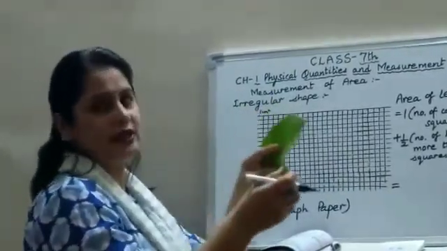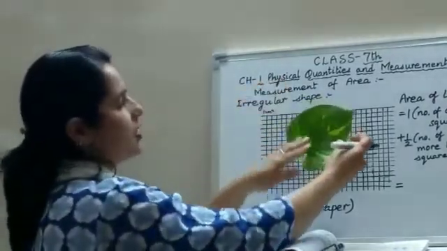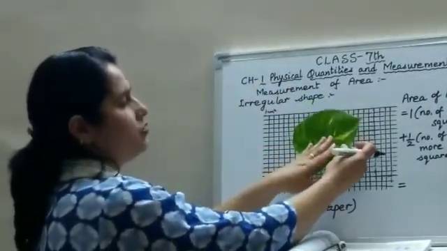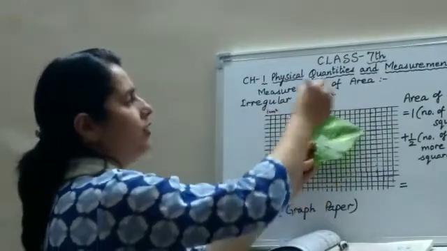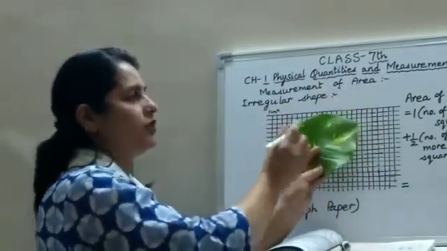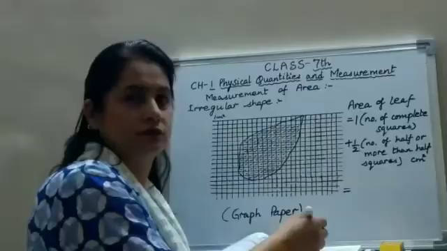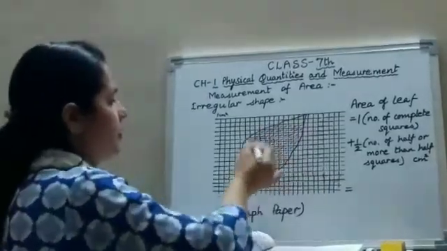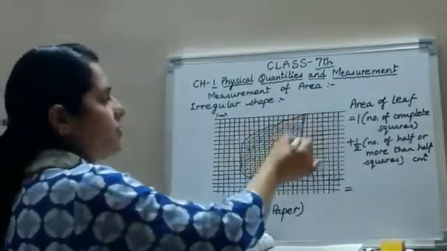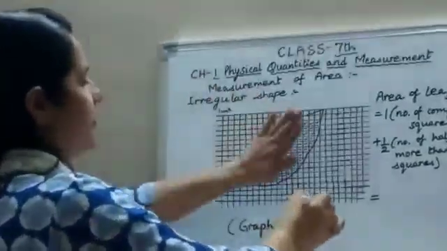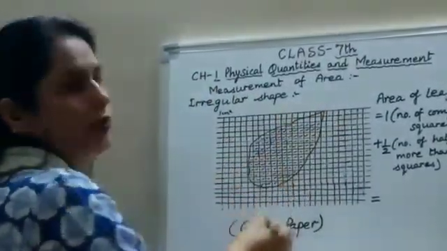Now you will take this leaf and keep it on the graph paper and draw the outline of this leaf on the graph paper. See children, I have drawn the boundary of this leaf. I kept the leaf on the paper and I have drawn the boundary.